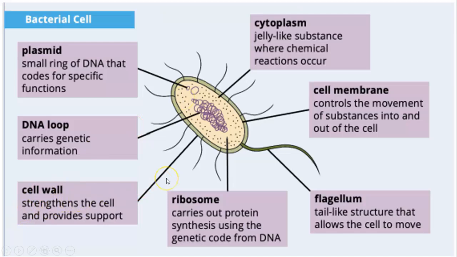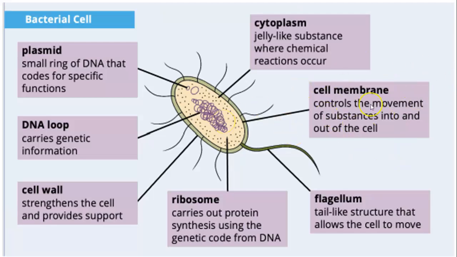The cell wall strengthens the bacterial cell and provides it with support like any cell wall. Ribosomes, what do they do? Yes, ribosomes make proteins. They take the genetic code and create proteins accordingly. A flagellum is a tail that helps the bacterial cell swim or move from one place to another. As we said, movement is a characteristic of living organisms. Don't forget that.